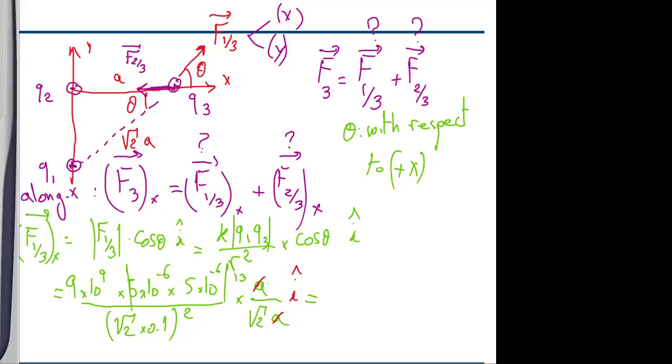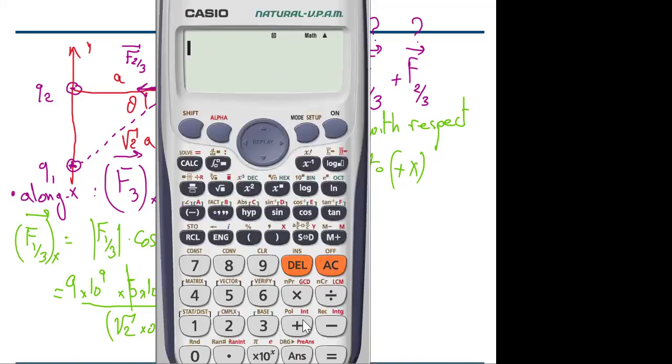What is the result? According to the calculator: 9 times 10 power 9 multiplied by 5 times 10 power -6 times 5 times 10 power -6, divided by the square root of 2 multiplied by 0.1, squared, and all of them multiplied by the cosine, which is equal to 1 over square root of 2.